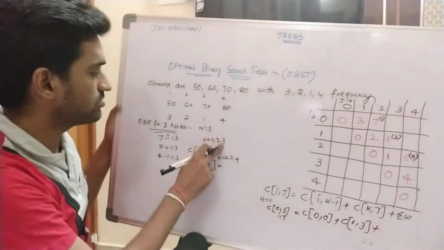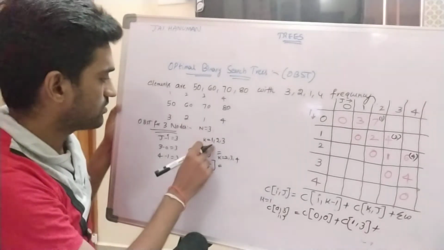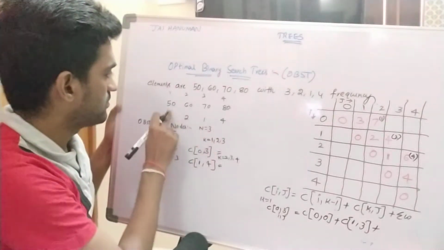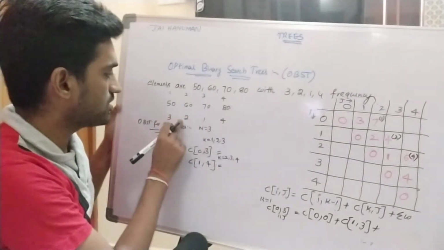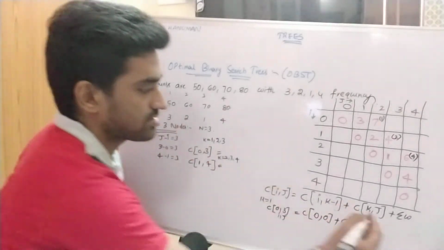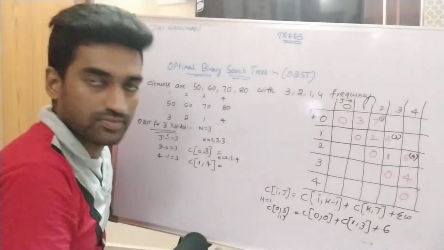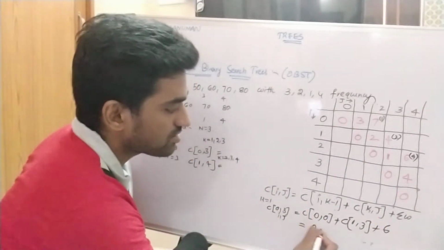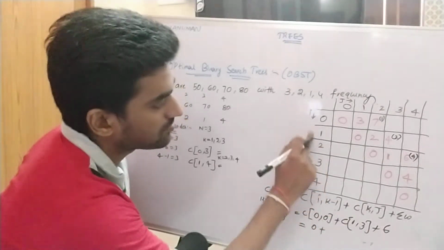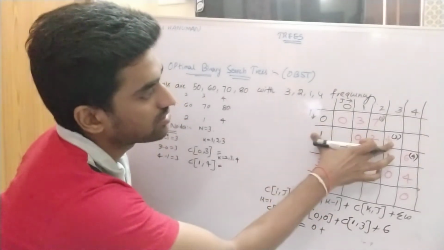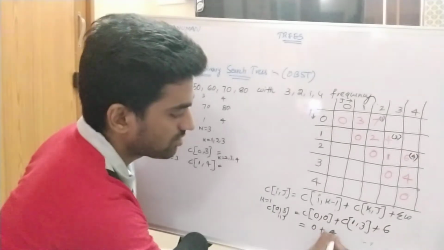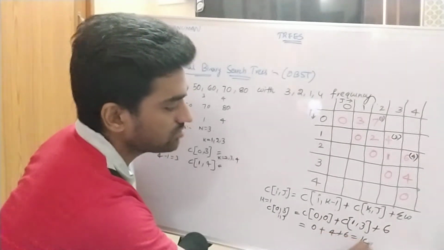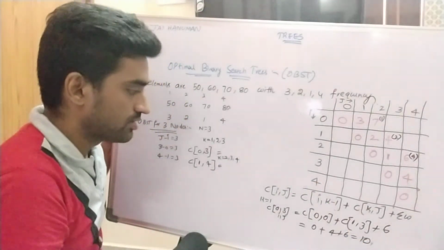The frequencies are 3, 2, 1, so the total is 6. So 0 comma 0 is 0, and 1, 3 is 4 plus 6, which is equivalent to 10.